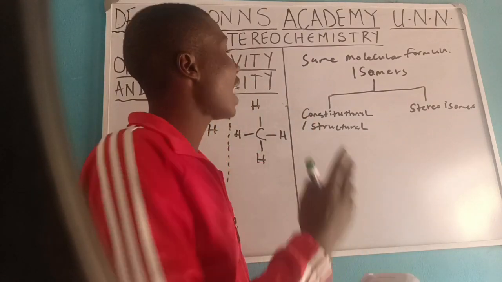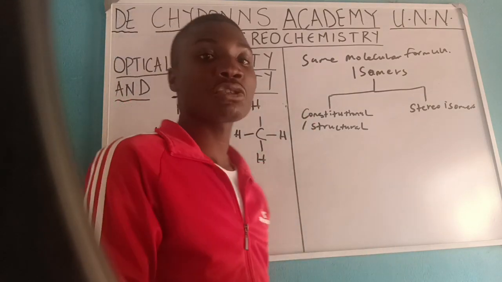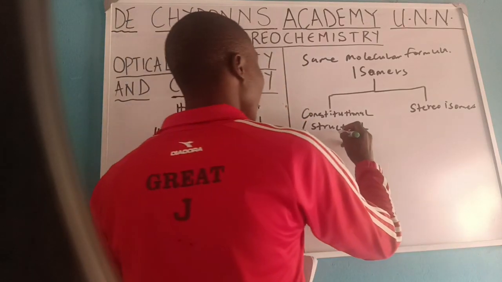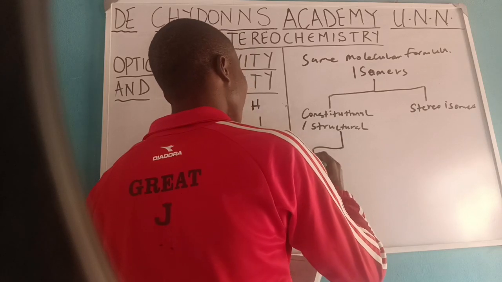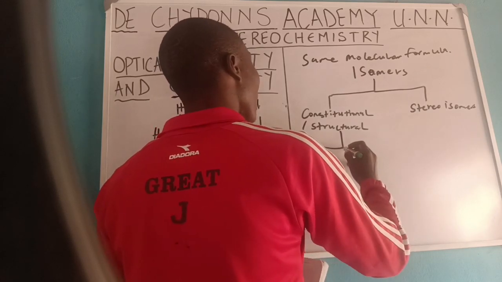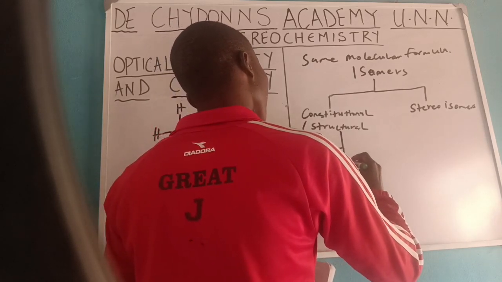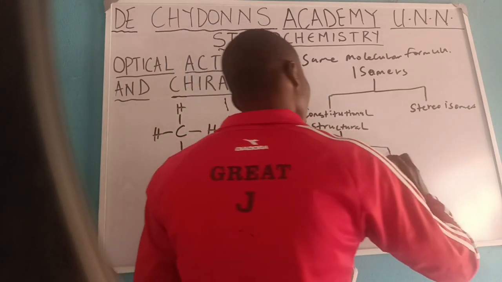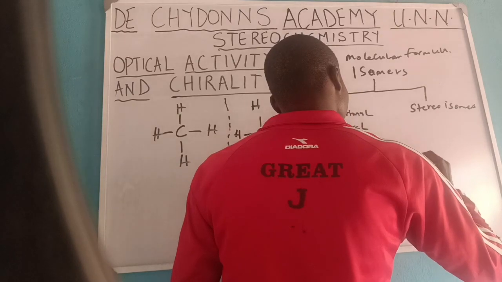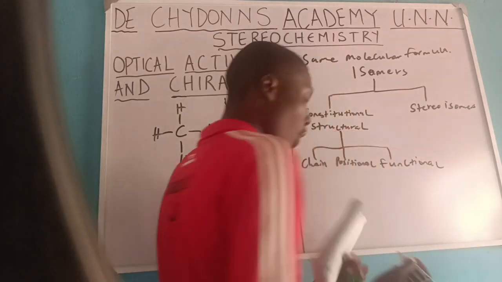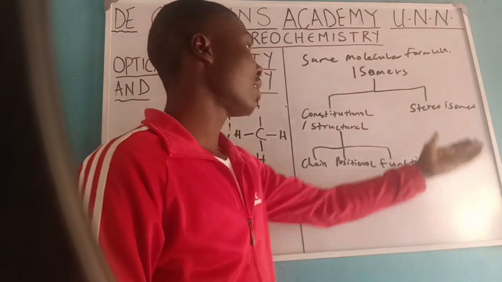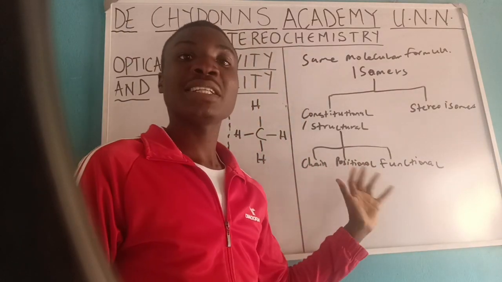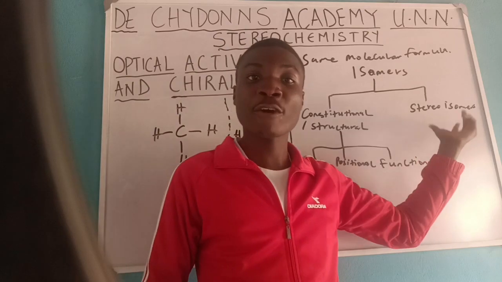Constitutional isomers or structural isomers happen to be of three different types: we have the chain, the positional, and then the functional. Our focus today is actually on the stereoisomers, but for the sake of understanding, I'm going to explain this clearly before we move over to the stereoisomers.